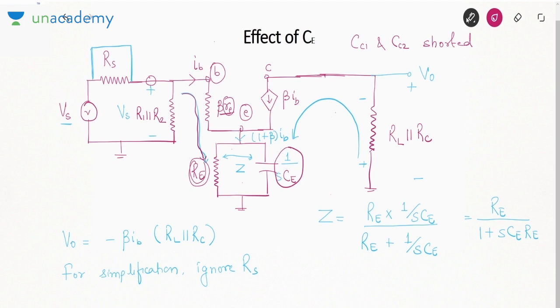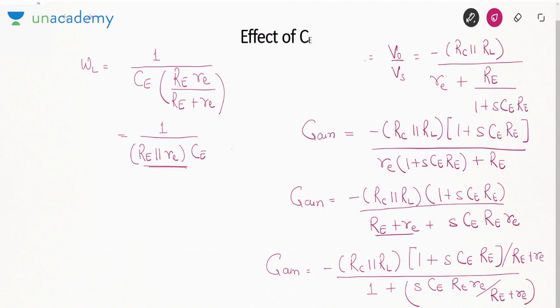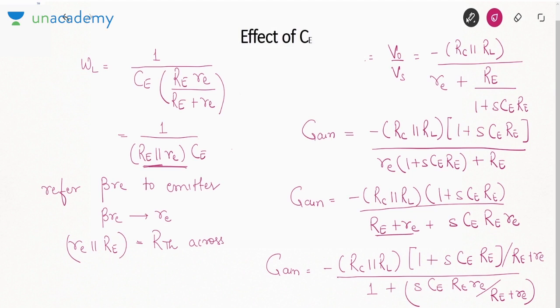So the equivalent resistance across the capacitor will be capital Re parallel small re. What I have said? Refer beta re to emitter. When you refer it to emitter, it becomes from beta re to re. This re is connected in parallel with capital Re. So this will be the Thevenin resistance across C.